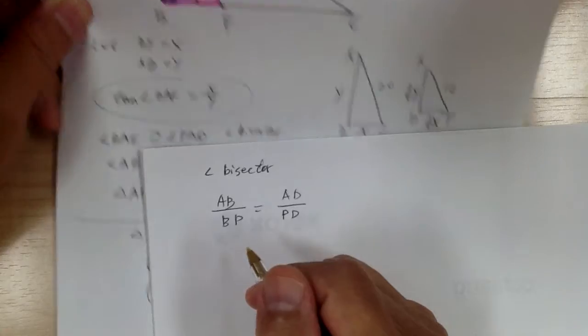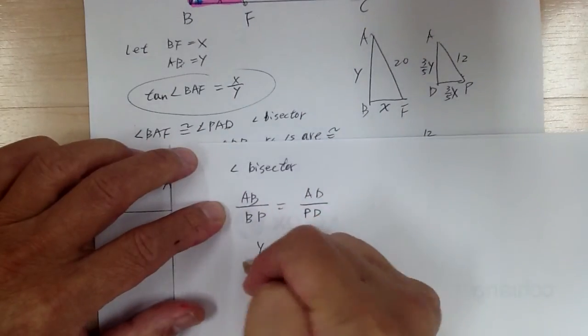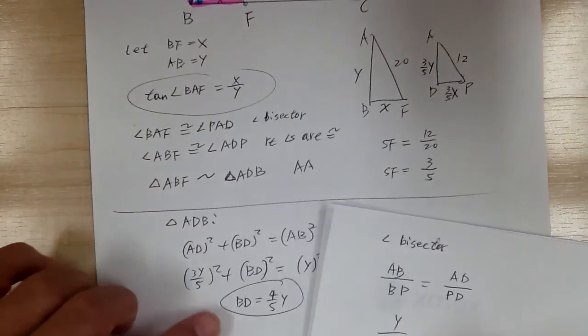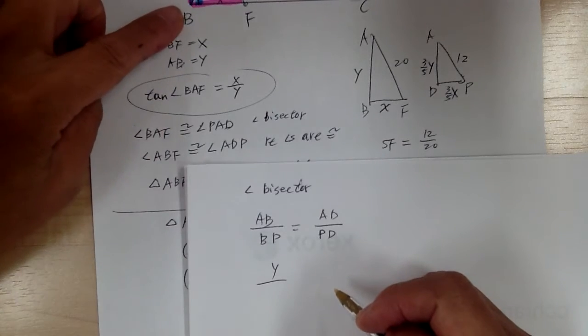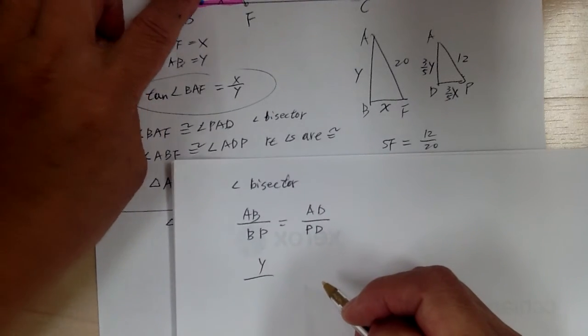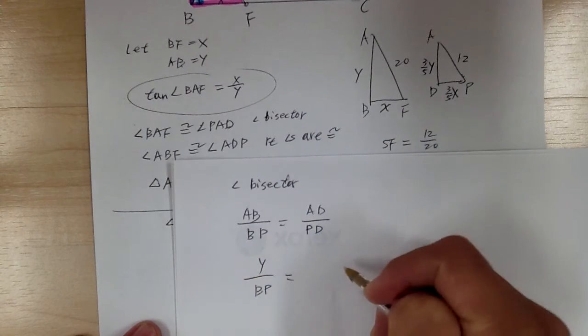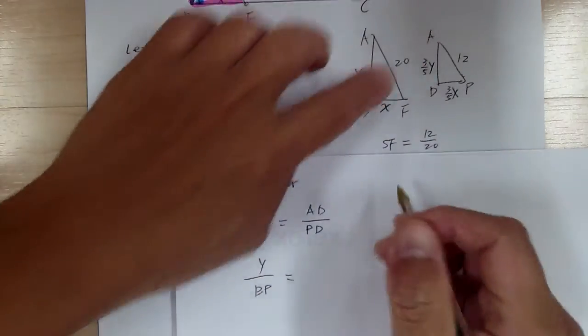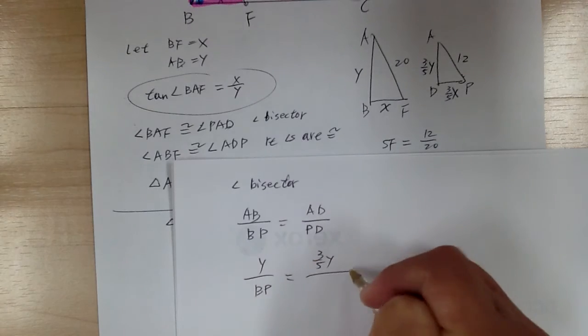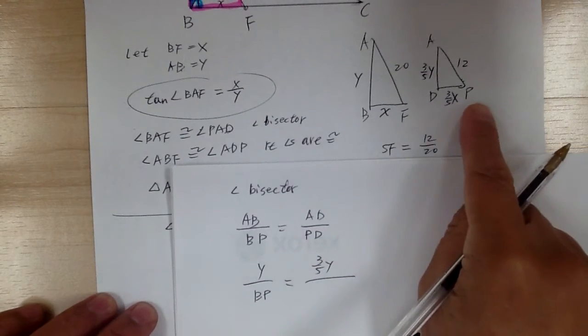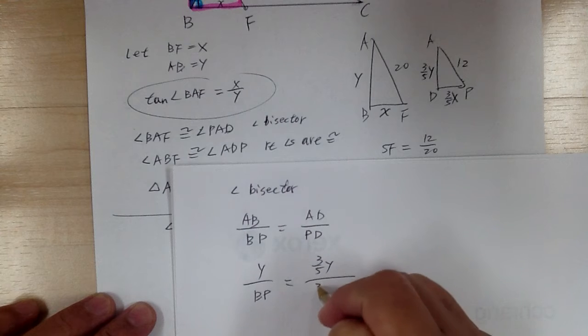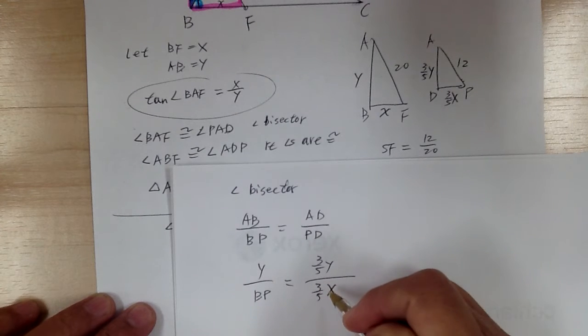Okay, so AB is y, BP we don't know, AD is 3/5 y, and PD is 3/5 x.